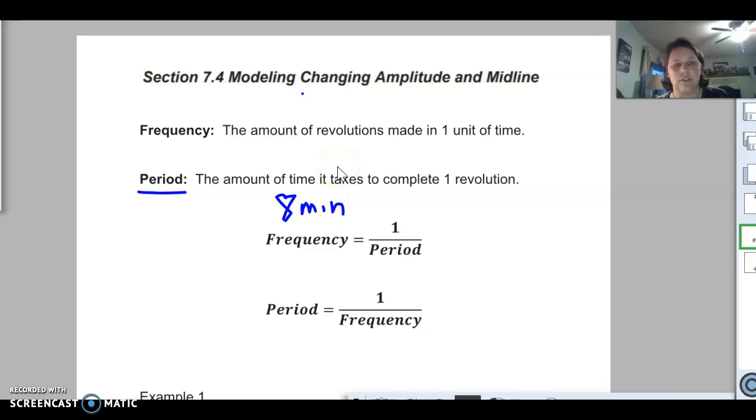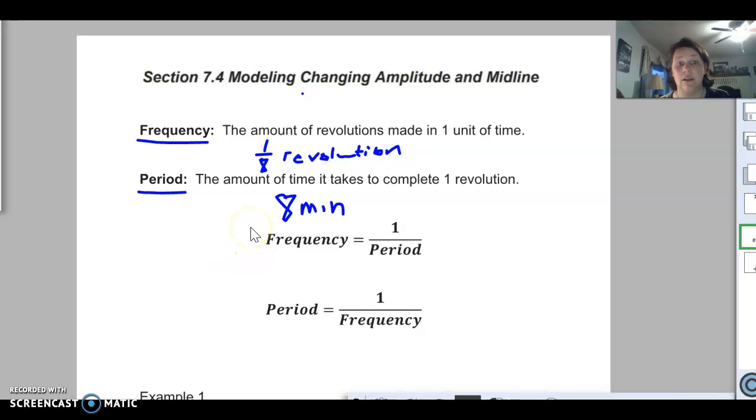The amount of revolutions made in 1 minute, so if we were talking about the frequency, if it took us 8 minutes to make 1 revolution, then how much of a revolution would we make in 1 minute? So then we would have 1/8 of a revolution in 1 minute.